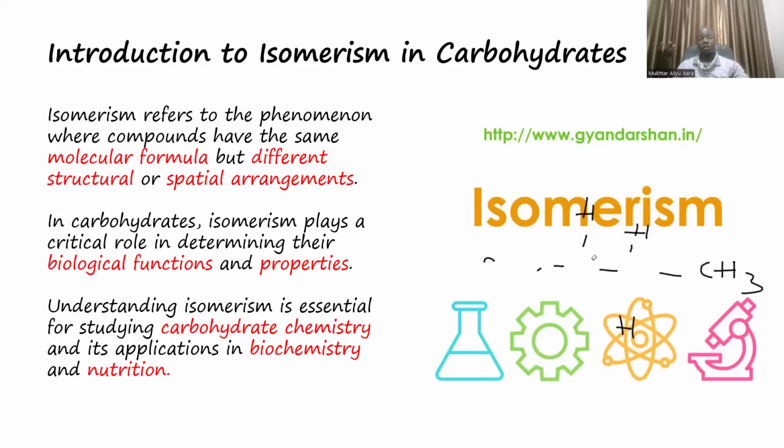It has the same molecular formula as glucose, but because the arrangement is different, they have different functions. So isomers play an important role in biological functions and also properties. Understanding isomerism is essential for understanding carbohydrate chemistry and its application in biochemistry and nutrition.